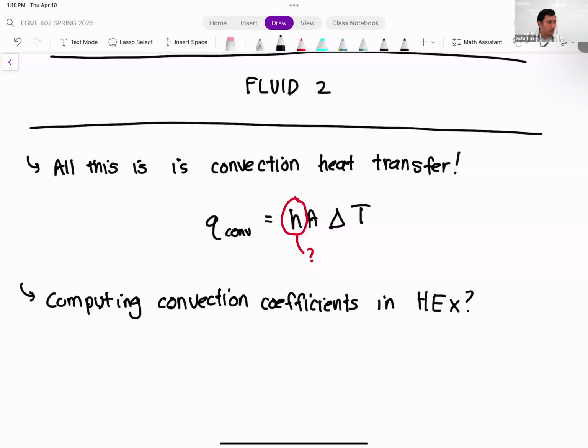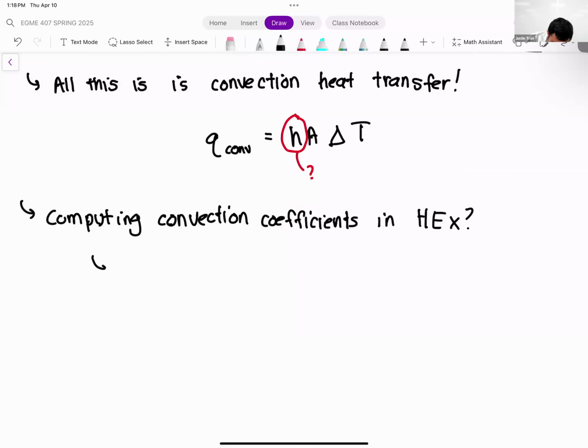If we can compute the Nusselt number, the Nusselt number will give us a path to compute the convection coefficients. Okay. Now the tricky thing with heat exchangers is that we have two fluids, right? So we have two domains where we have to compute the Nusselt number. Okay. So let's talk about each one individually, and let's talk about a strategy for computing the convection coefficient.